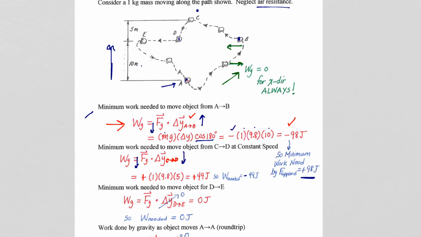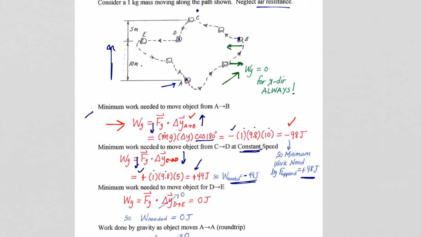So now gravity is putting in energy, plus 1 times 9.8 times 5, or plus 49 joules of energy that gravity wants to put in. So if it's going to move at constant speed, we can't let there be any net transfer of energy to change the speed. So that means the work we need to do would be negative 49 joules.